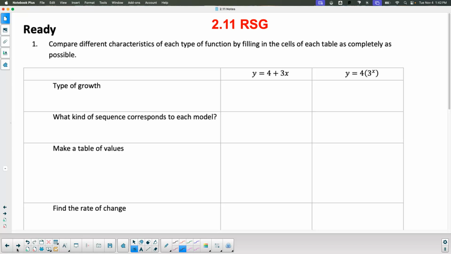It's arithmetic because it's linear, right? I'm going to put linear for the type of growth too. This one is exponential, so it'd be geometric, and so on and so forth. With your table of values, I want at least 3 values in there.